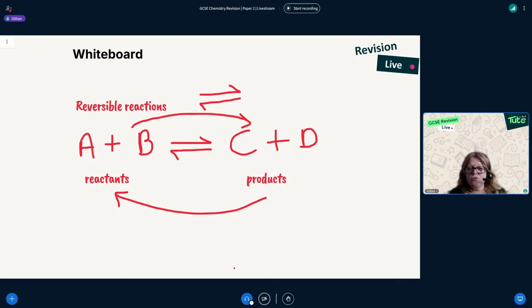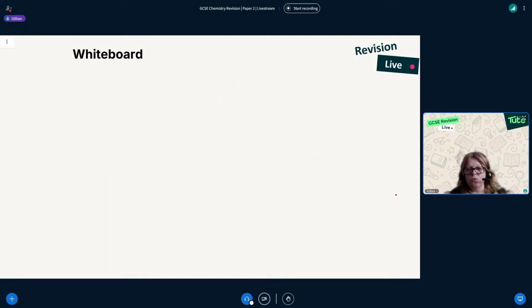Okay, another question that I would like to go through with you is, let's have a look at doing some more relative formula mass calculations. Okay, now we went through how to calculate the relative formula mass of methane.